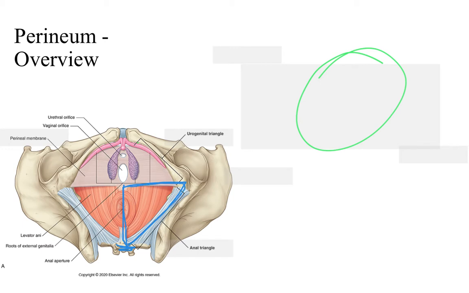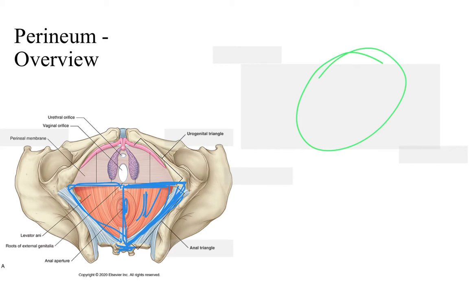All right, the anal triangle, which contains one half of the anus, the anterior border being the perineal membrane, and the lateral border being the ligament between the sacrum and coccyx and the ischium, and then the superior border being, of course, the levator ani muscles. All right, so you'll have two anal triangles, one on the left side and one on the right side. So I'll draw both of them in right here.